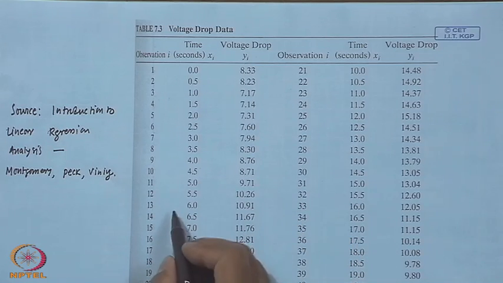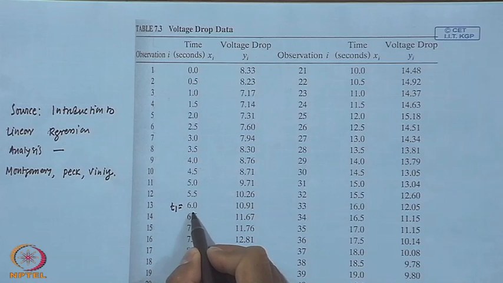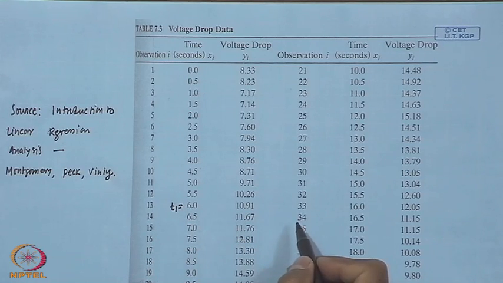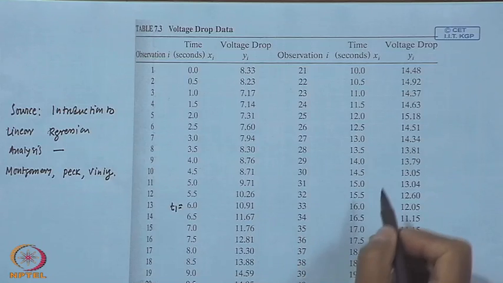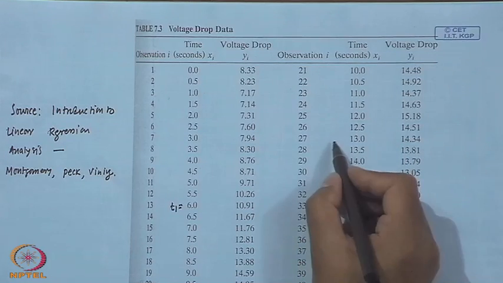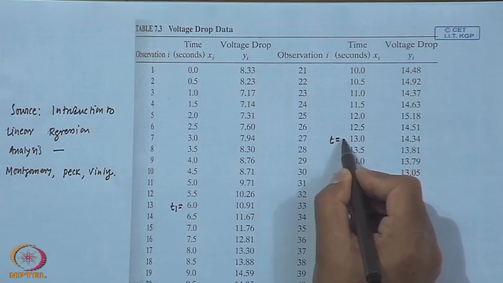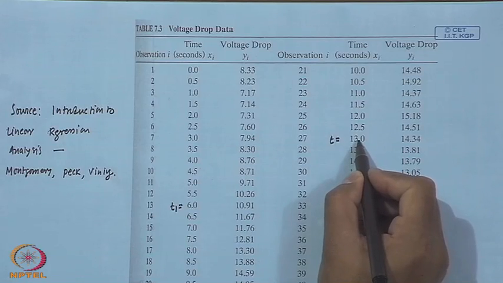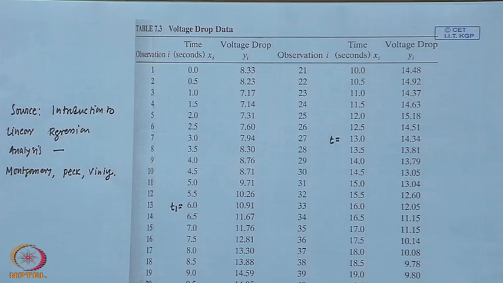The knots we will choose: the first knot is T1 equal to 6.5, and the other knot is T2 equal to 13. If you want to know why, I can explain.